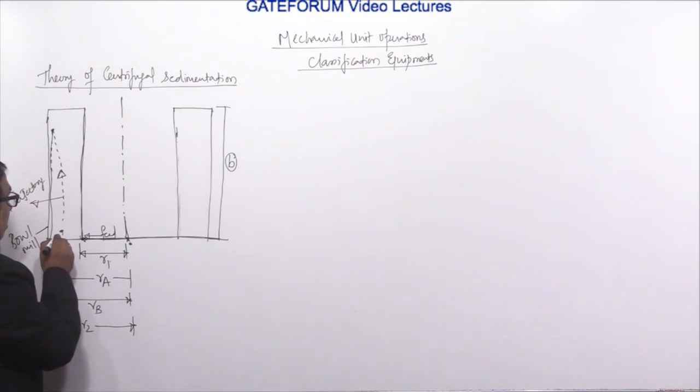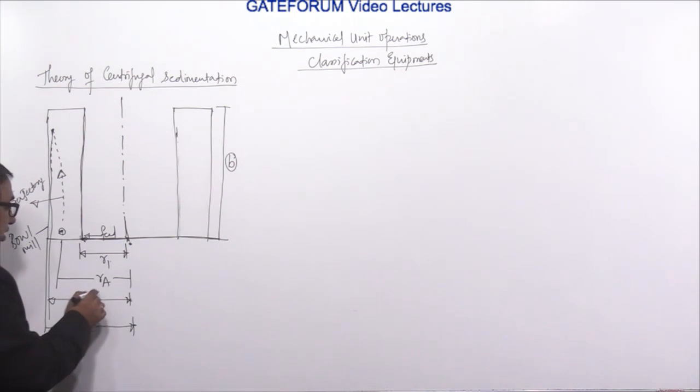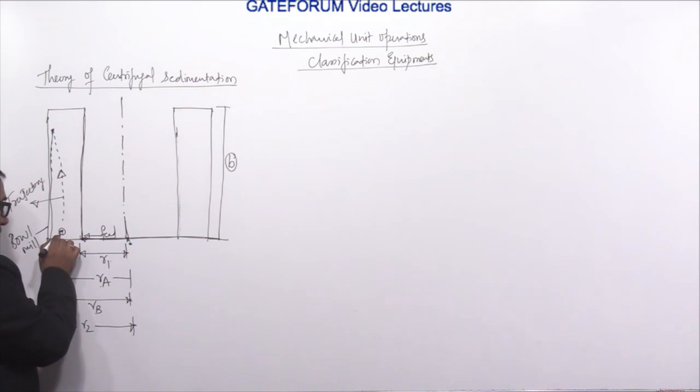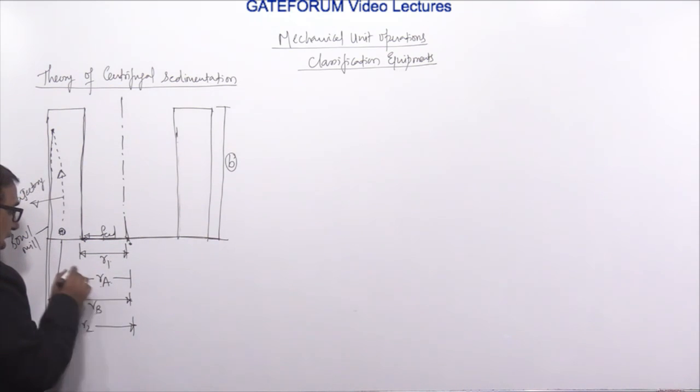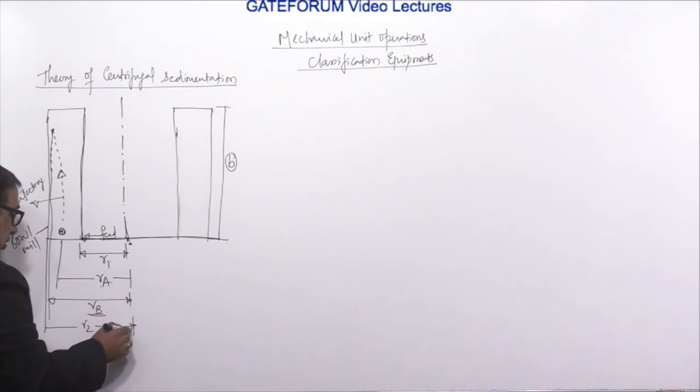And the particle present here, which we want to remove of that particular diameter, is classification by diameters or radius using centrifugal sedimentation. So RA is from the axis to this particle, its initial state. Then after rotating it, it finally reaches this point, that is RB and R2.